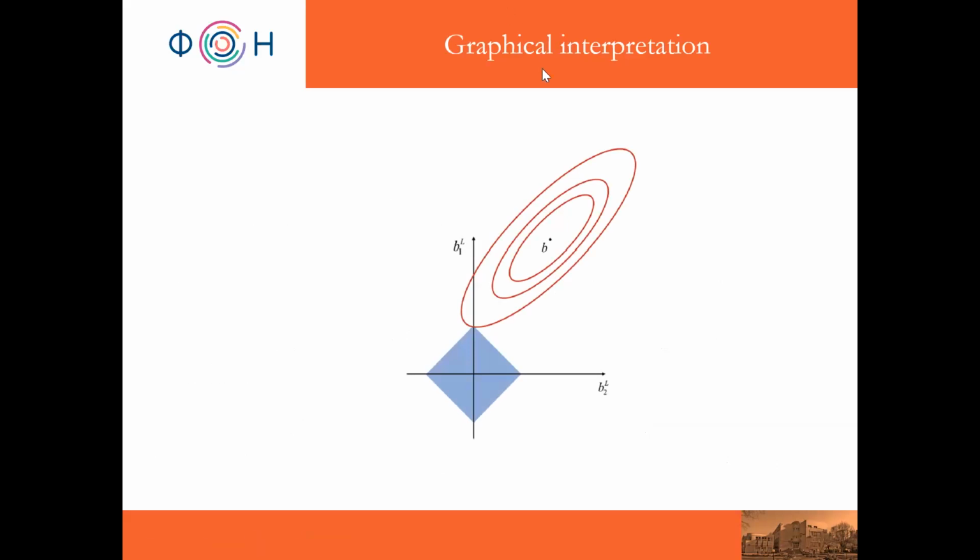So again, we have the graphical representation. Point B is the point with the OLS estimates.